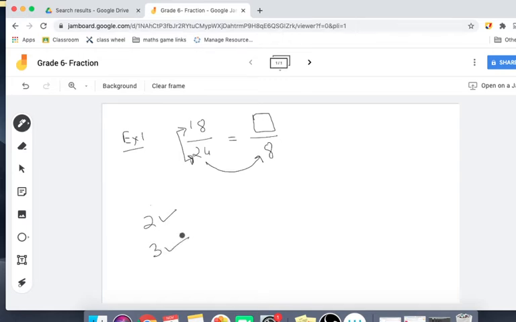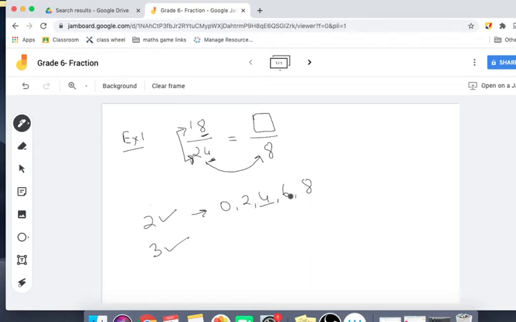I hope you remember the rules for divisibility. For 2 the rule is that the number should end with 0, 2, 4, 6 or 8. So the end digit should be either 0, 2, 4, 6 or 8. Here the end digit is 8, and here the end digit is 4.